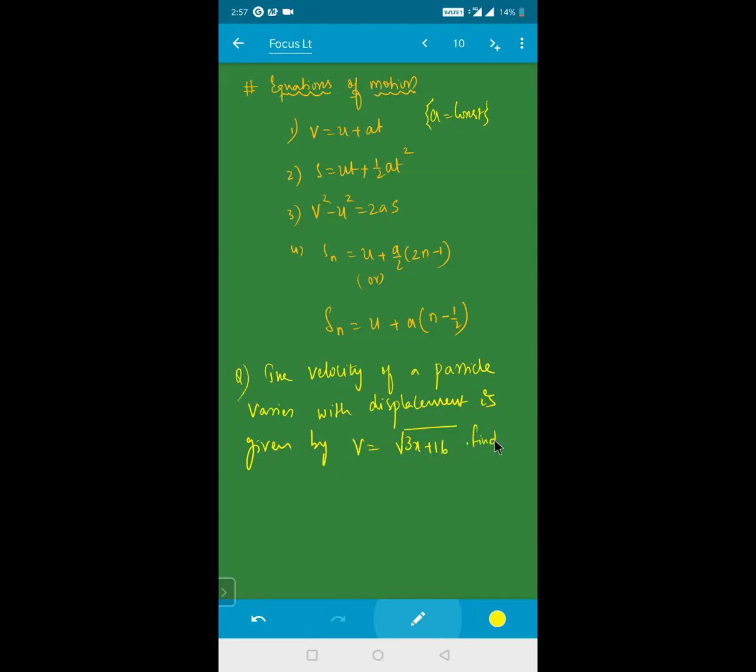First of all, find the acceleration and initial velocity. Listen to the question carefully. The velocity of a particle varies with the displacement, that means velocity is a function of x. Find the acceleration and the initial velocity.